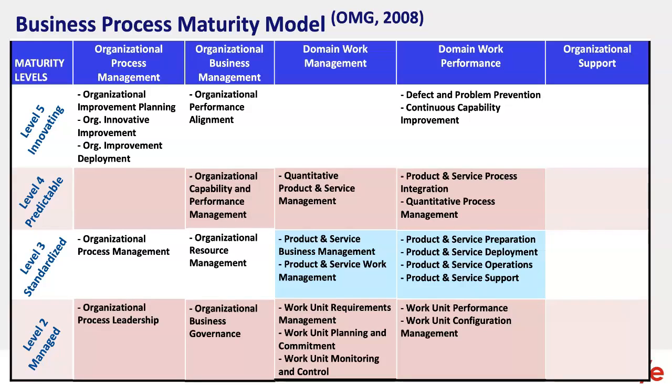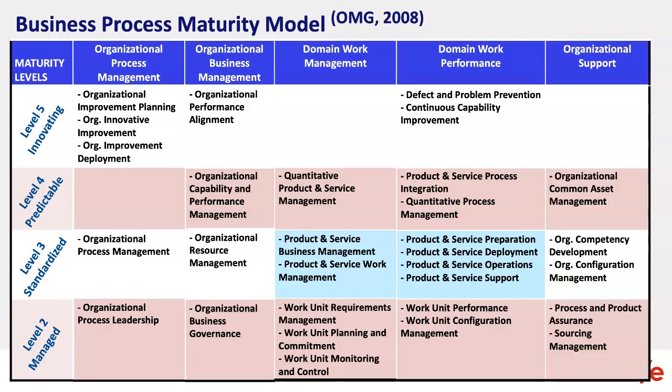Organizational process management is a meta-level theme, and it relates to the improvement of the processes. Finally, organization support basically includes practices or process areas that support all practices in other threads. Again, more material will be in the handout slides.